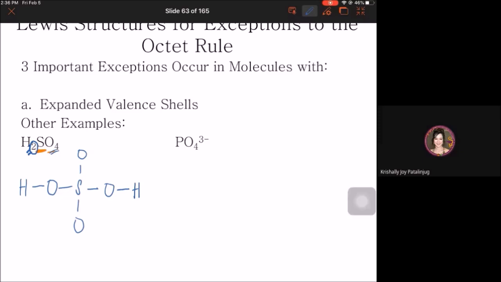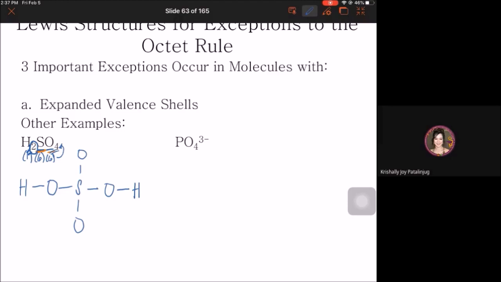Sige. Kunin natin yung total valences nila. So, oxygen, 6 times 4. Tama, 6 yung kay oxygen. Then, si sulfur, parehas lang sila ng group ni oxygen, 6 din. Then, we also have hydrogen, which is 1.